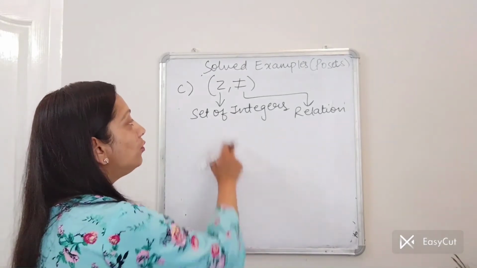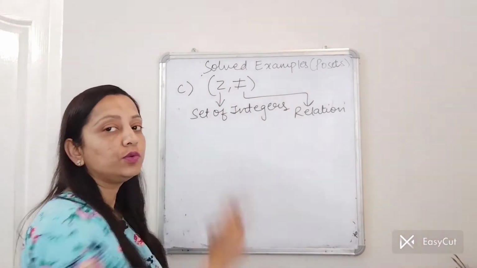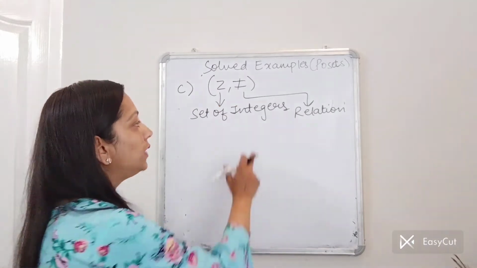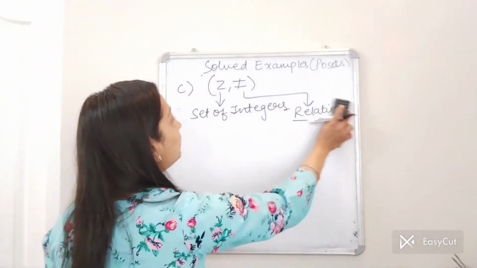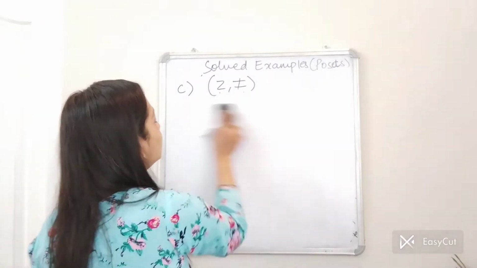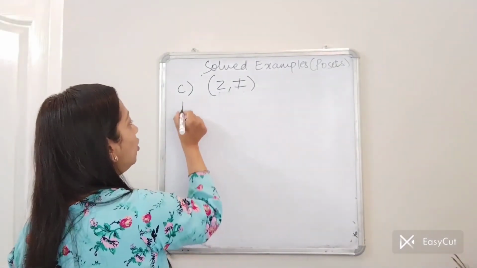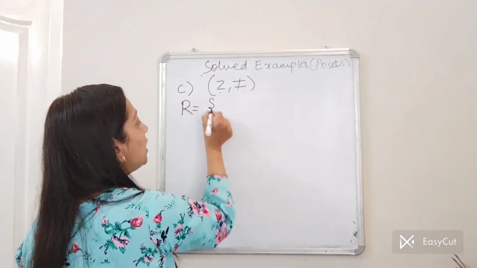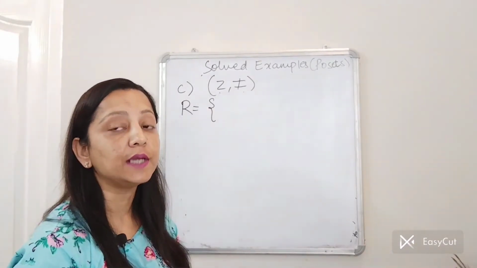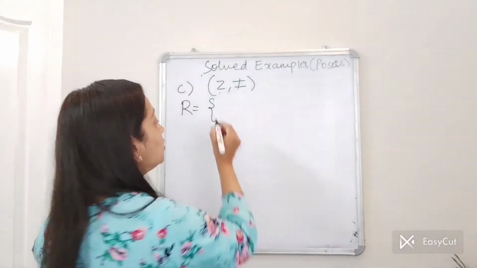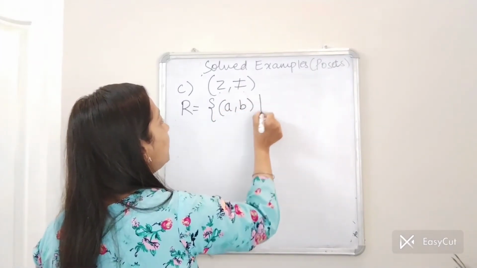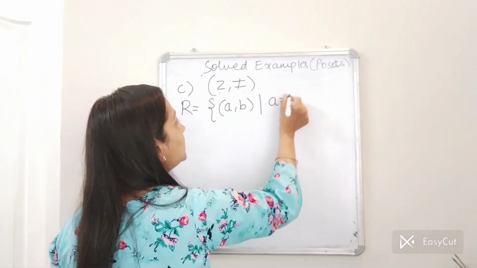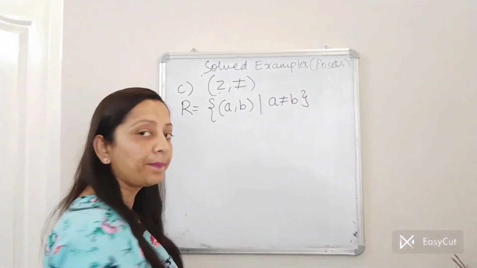And to prove that Z comma not equal to is a poset, I have to prove that this relation is a partial order. Now let us give the name R to this relation. Now I know that the criteria for the formation of this relation is that A is not equal to B. So that means R is a set of ordered pairs such that A is not equal to B.